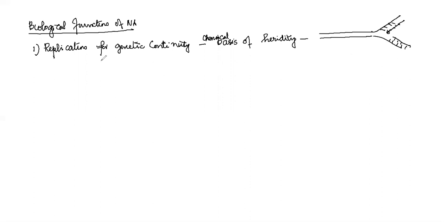So this is very briefly what replication means. Replication is a process in which the DNA molecule produces identical copies of themselves. So you can just note a definition.